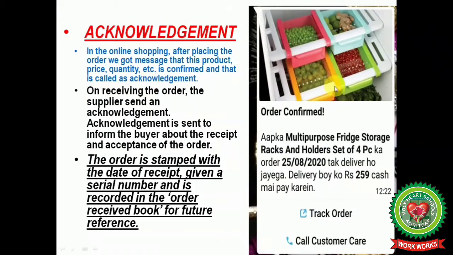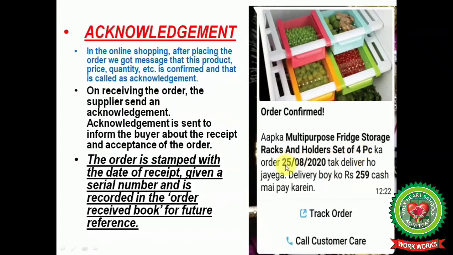Like in this image we can see that the order confirmed acknowledgement is given by the seller to its buyer, like order confirmed, and the order is made for multi-purpose fridge storage racks and holders, set of 4 pieces.